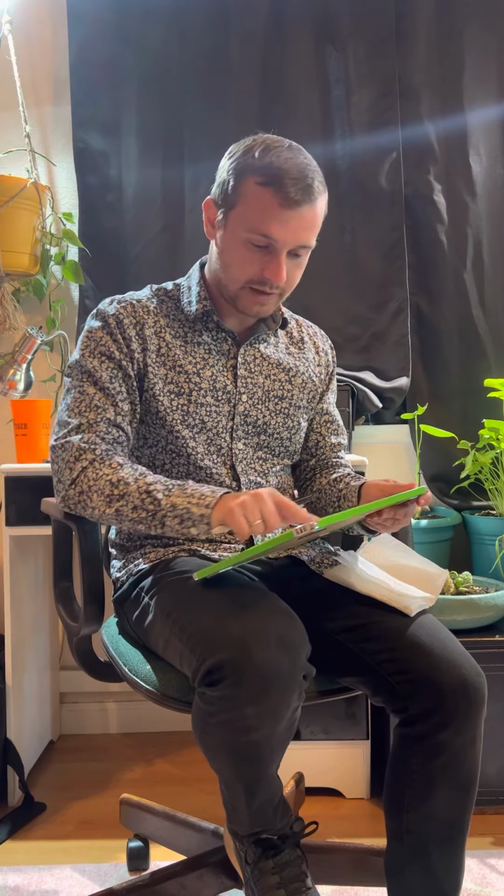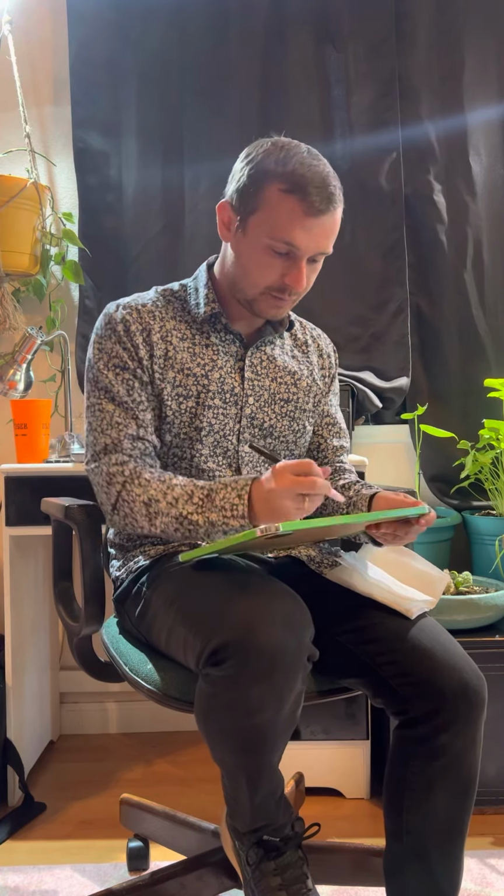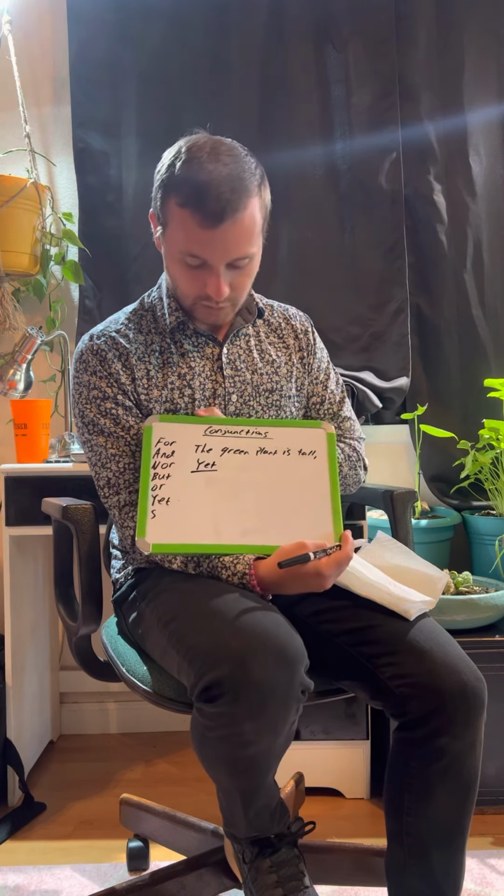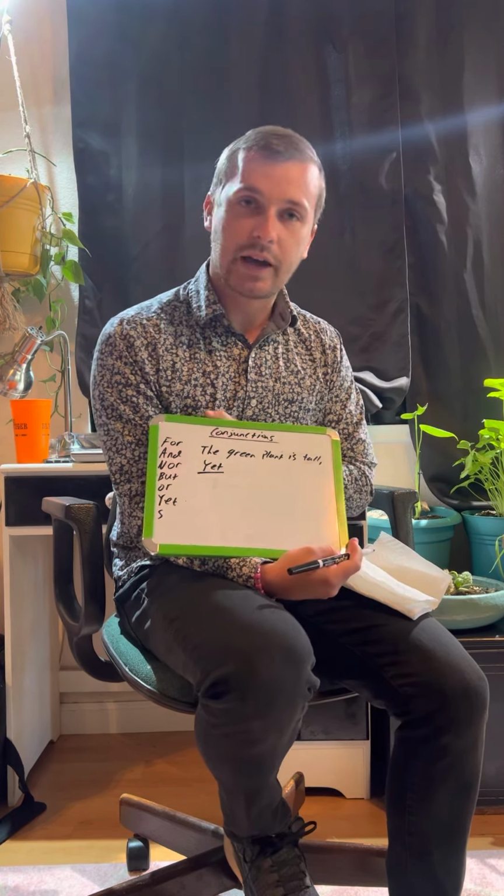The green plant. We're saving that second part, right? The green plant is tall. There we go. That makes a little more sense, doesn't it? The green plant is tall. Now we have our conjunction. Yet. Right? So we're kind of cutting back, right?